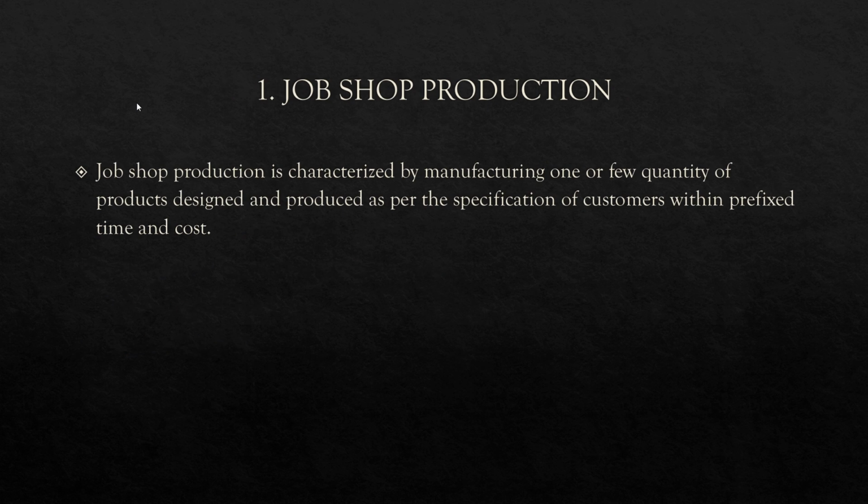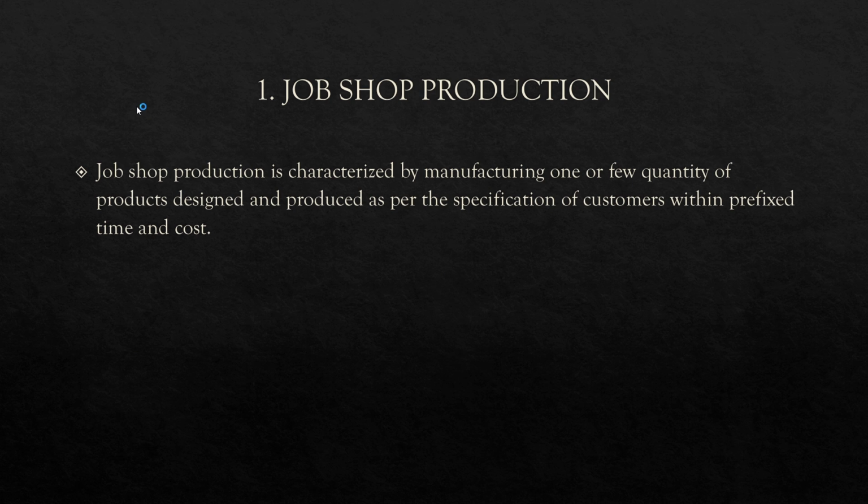We can study job shop production. It's characterized by manufacturing one or few quantity of products designed and produced as per the specification of customers within prefixed time and cost. Its characteristics include, first one, highly skilled operators. Second one, high variety of products and low volume.